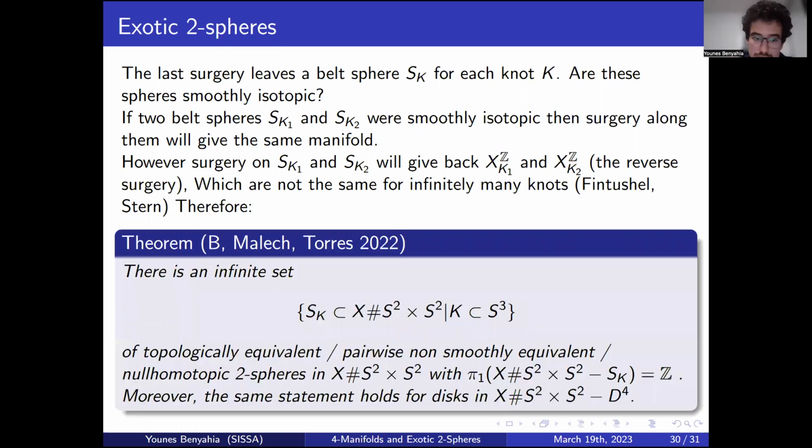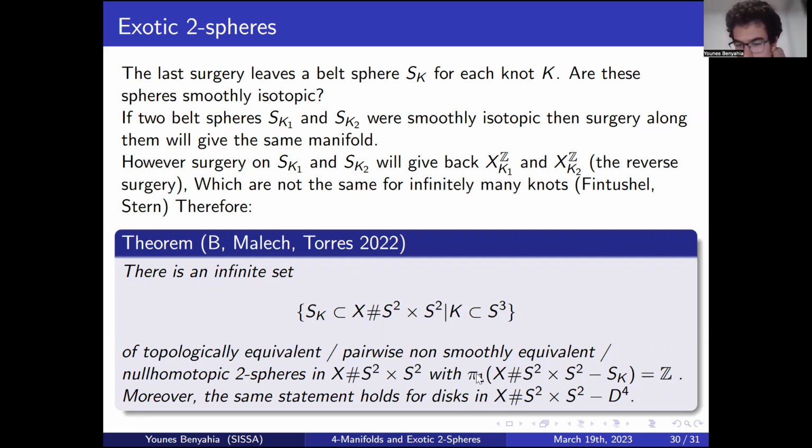So our theorem is that there is an infinite family of these spheres, all topologically equivalent but pairwise not smoothly equivalent, and they are nullhomotopic two-spheres in X connected sum S2 times S2.